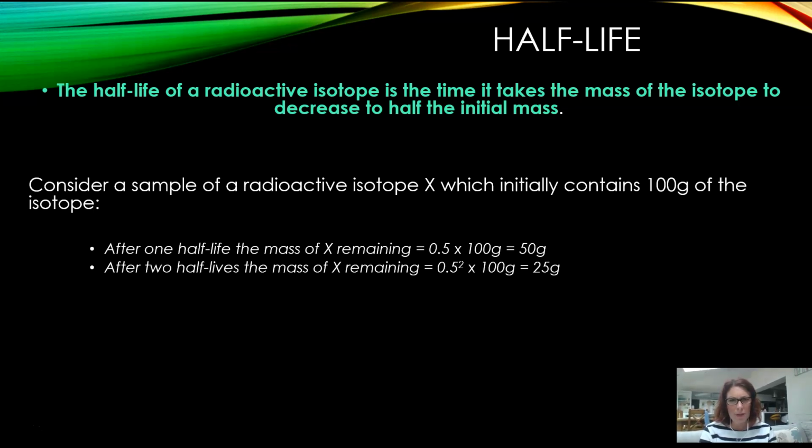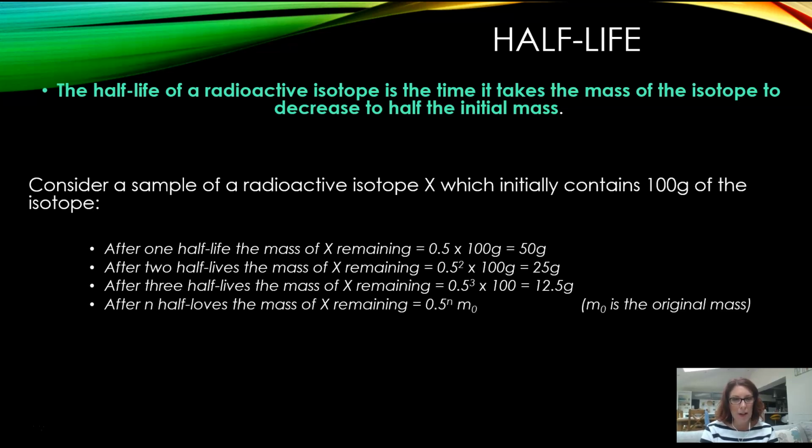After two half-lives, okay, you would have 25 grams. And you can see here, the way that you would figure that out is you do 0.5, which is your factor, to the power of how many half-lives, times your original mass, so 25 grams. So the next one, after three half-lives, you can do 0.5 to the power of how many half-lives there are, so that would be 0.5 cubed times 100, which gives you 12.5 grams.